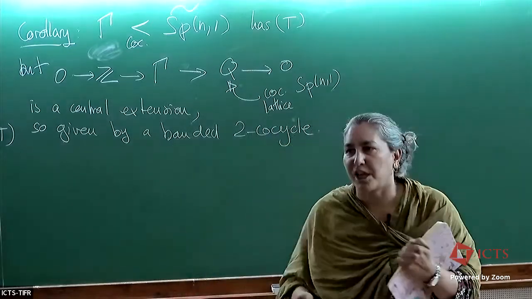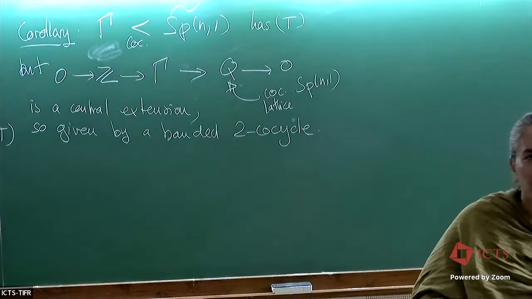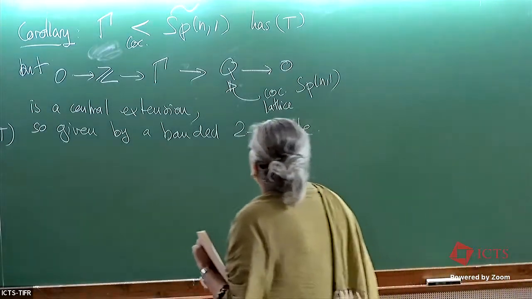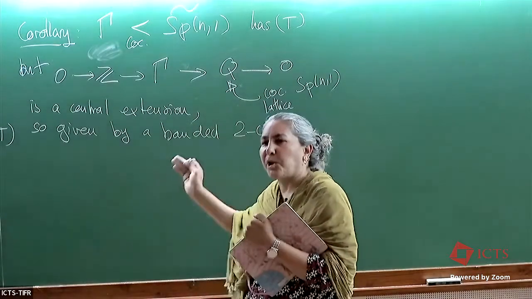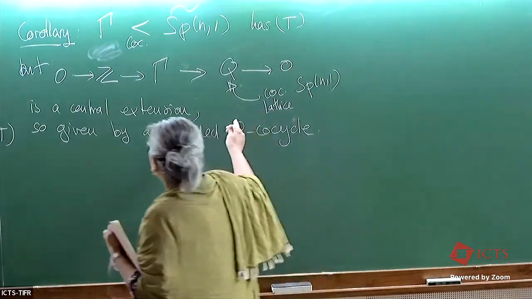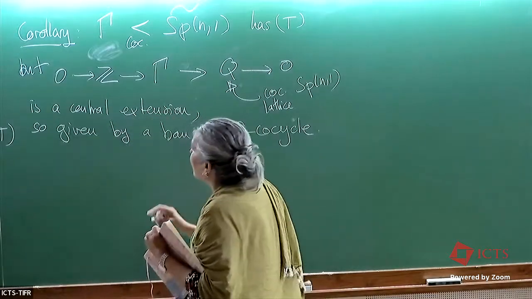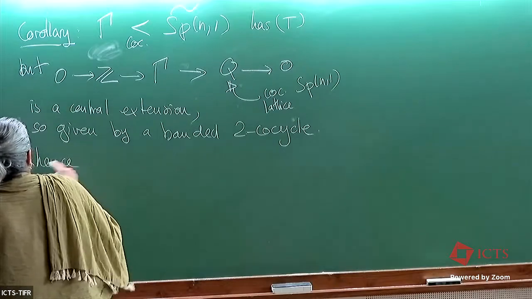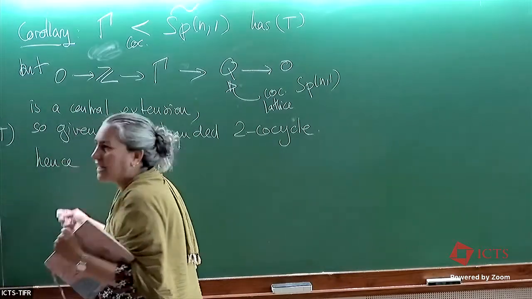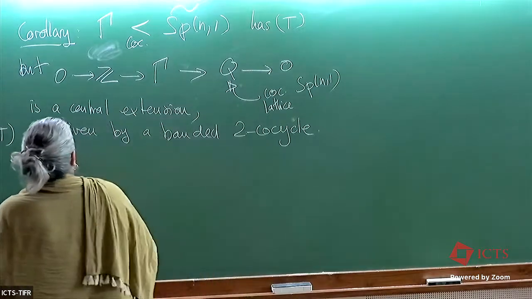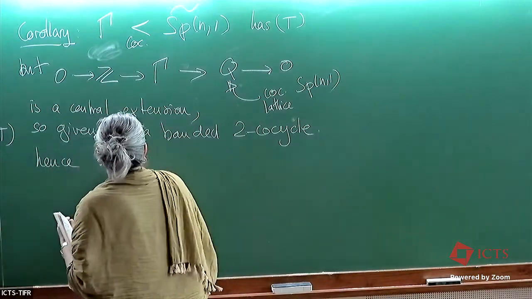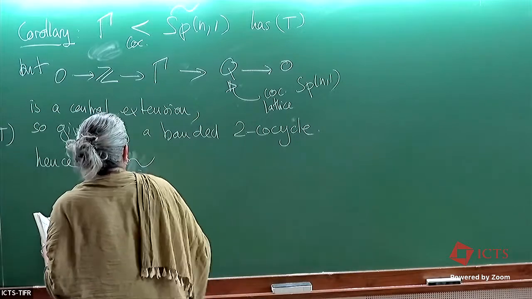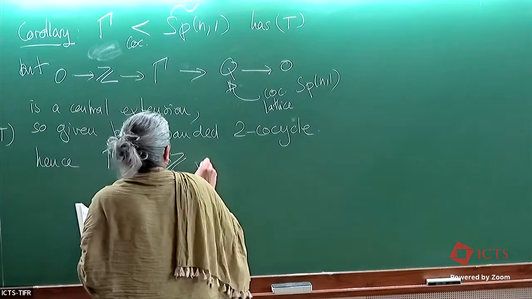Central extensions in general are given by an element in the second cohomology group H2 of your group. In the case of hyperbolic groups, all of H2 is bounded. So the extension is given by a bounded 2-cocycle, and hence, again an exercise that one can do, gamma is quasi-isometric to Z cross Q.